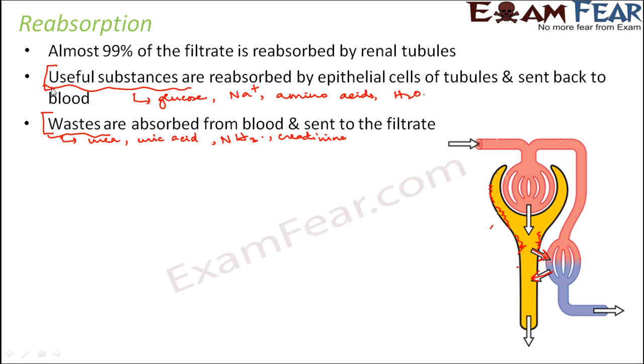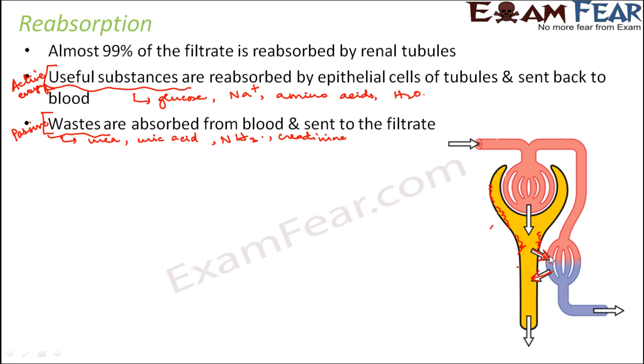The transport of useful substances takes place by active transport, that is at the expense of energy. Some energy input is given to move those substances from the filtrate into the blood. And how are the wastes transported? They are transported by passive transport, that is without any expense of energy, as per the concentration gradient, from high concentration towards low concentration.